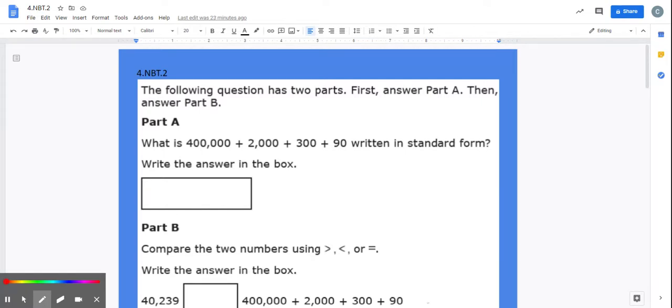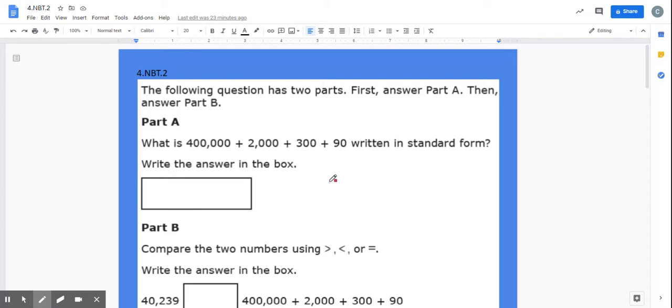So here I have a sample item that says, what is 400,000 plus 2,000 plus 300 plus 90 written in standard form? Well, standard form is a number written only with digits.